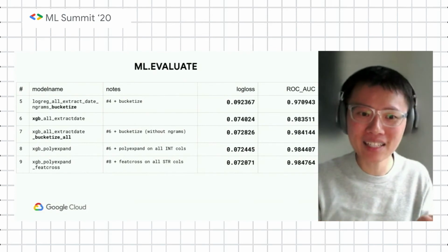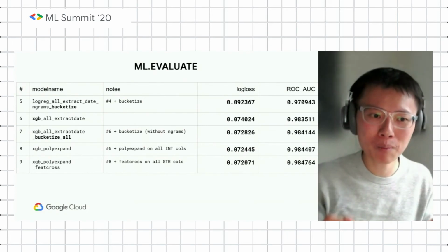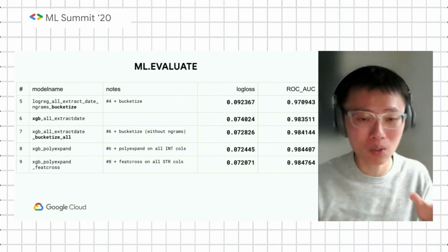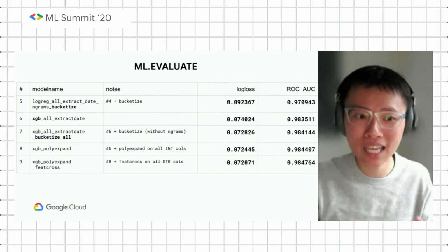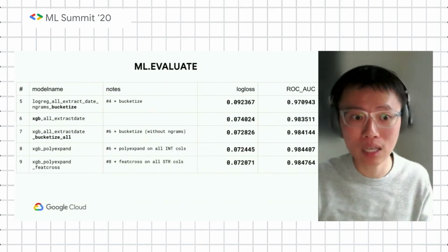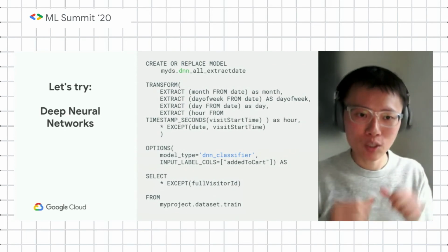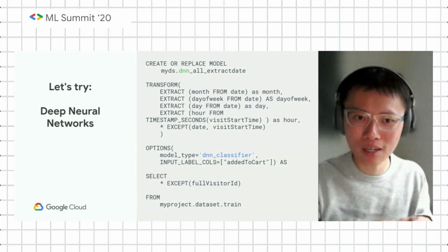But in either case, it seems to indicate that polynomial expand and feature cross help to add a bit more signal to my model. So these are great indications that at least the pre-processing is actually helping my models learn something new. That is, so far, XGBoost.